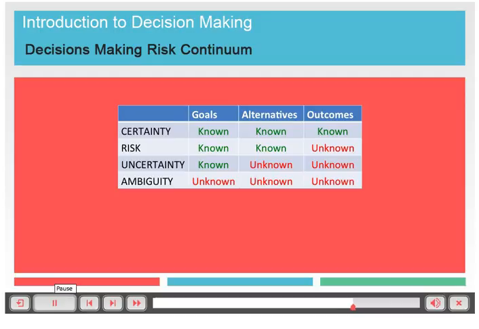As we move up and we have more and more missing information, now with making a decision under uncertainty, we might know what our goals are, but we might be looking at a circumstance where we're not really clear what the alternatives are because we don't have enough information, and we may not have all the information we need. And this is where, in this circumstance, when we're making decisions under uncertainty, and certainly in the next category, when we're making decisions under ambiguity, we have to really start tapping into our intuition and really seeing things with different eyes.